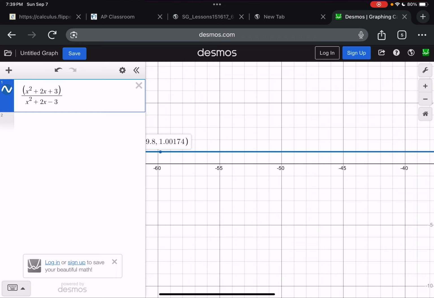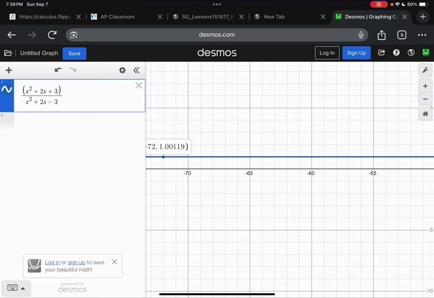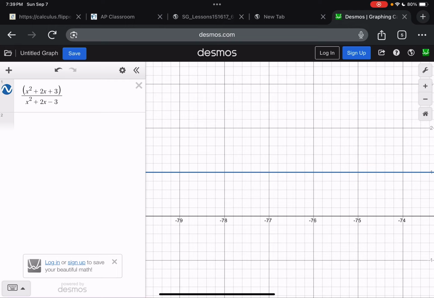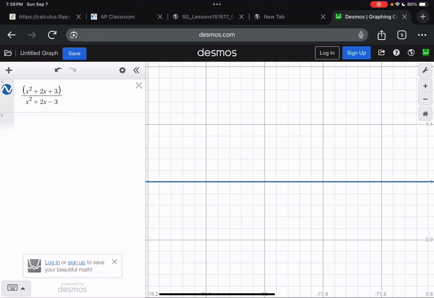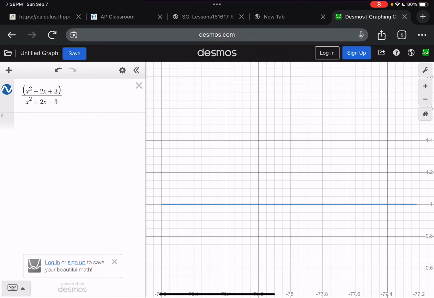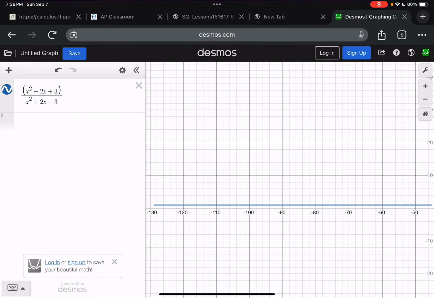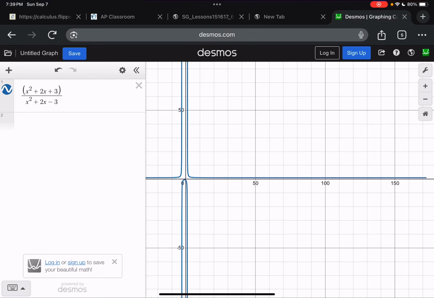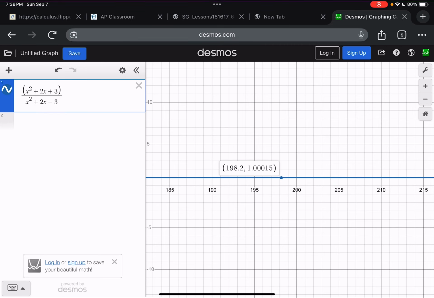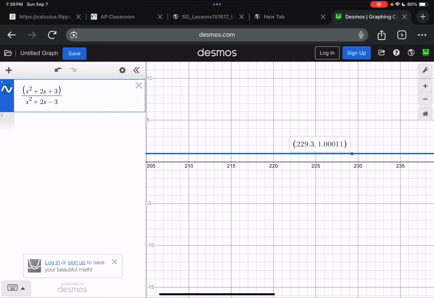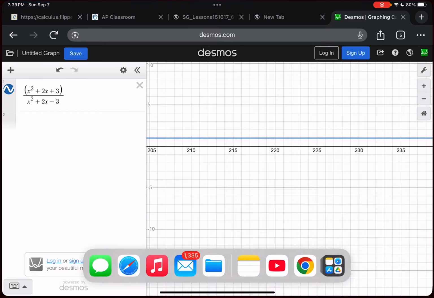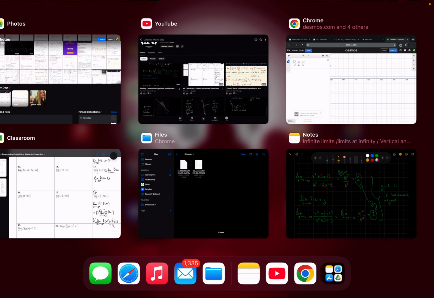As x is going to negative infinity, the y value is getting closer and closer to 1, but it will never touch it. It's slightly above over here. And at positive infinity, same thing. You might think it gets really, really close, but it will never touch it. So this is the meaning of horizontal asymptotes.